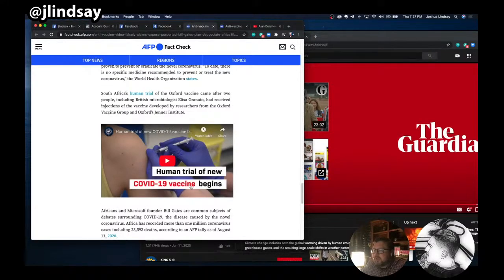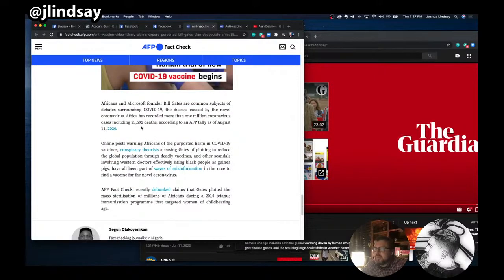Human trial, a new COVID-19. South Africa's human trial of the Oxford vaccine came after two people, including British microbiologists, at least had received injections of the vaccine developed by researchers from Oxford Jenner Institute, blah, blah, blah. Africans and Microsoft founder Bill Gates are common subjects of debate surrounding COVID-19, the disease caused by the novel coronavirus.